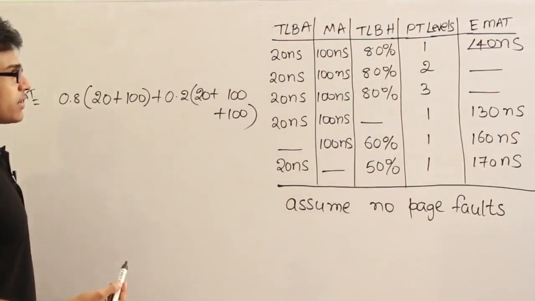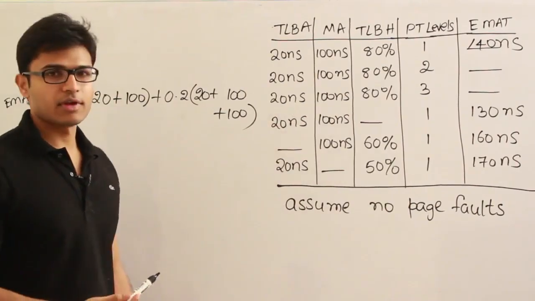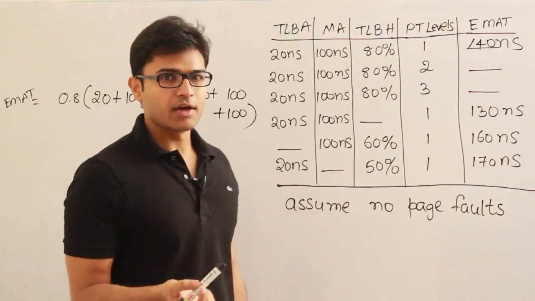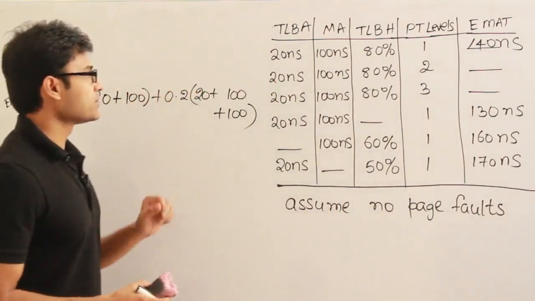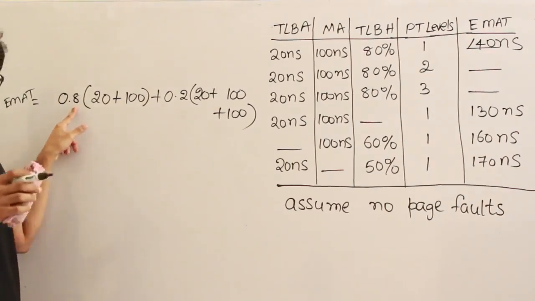And what about the second one? They are saying that everything is the same as the first one, but the number of levels in the page table is 2, which means in order to get the page table entry, we are supposed to access the main memory 2 times. So where will the difference be? Whenever the entry is present in the TLB, there is no way we are going to search the page tables.